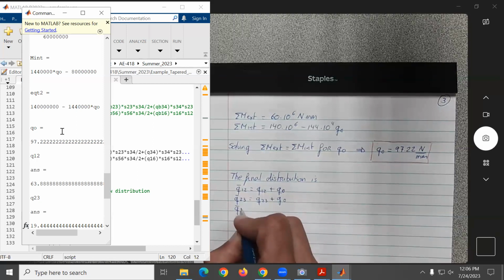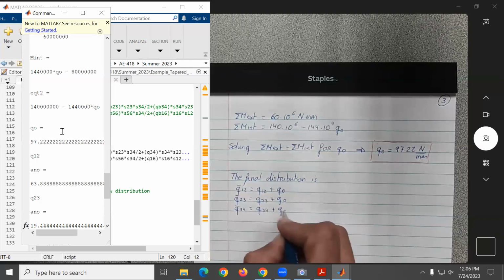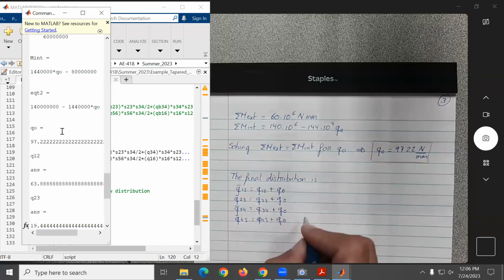Q bar 34 equal to Q34 plus Q sub naught. Q bar 45 equal to Q45 plus Q sub naught. Q bar 56 equal to Q56 plus Q sub naught. And Q bar 61 equal to Q61 plus Q sub naught. And this one we know should be equal to 97.22.